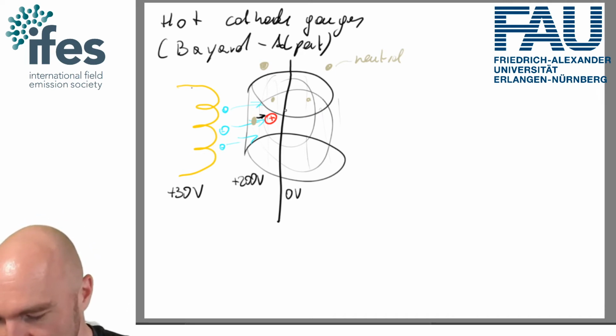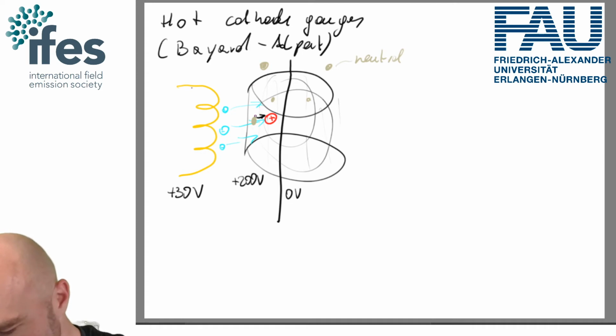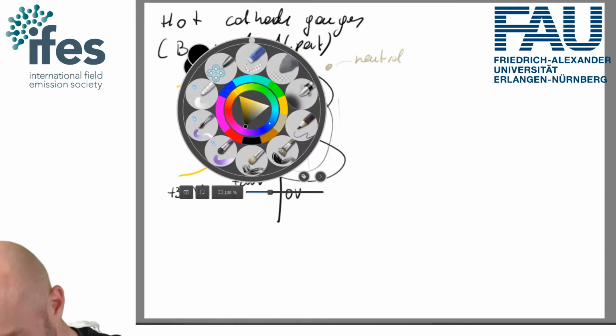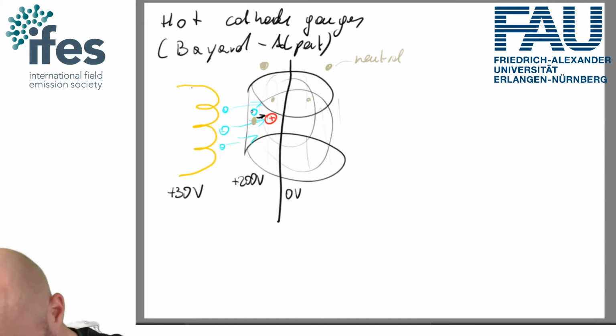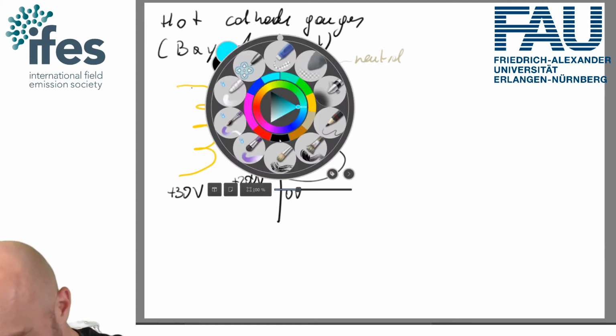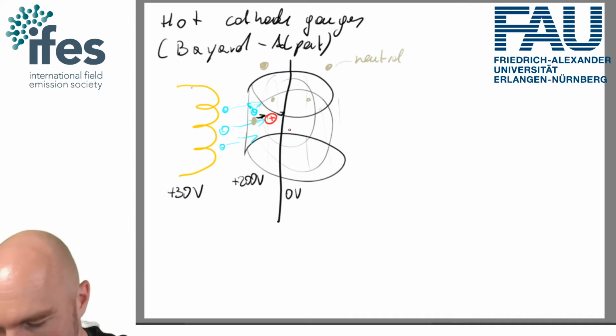And then this way we produce a current, because the electron goes to the anode grid, and the positively charged ion goes towards the collector.